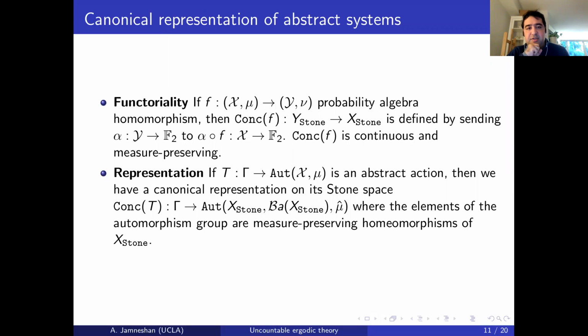What is nice about this model is that it has functoriality properties. That means that if you have a probability algebra homomorphism, then there is a continuous function between the corresponding Stone spaces. It's contravariant here, the functor, which is defined like this.